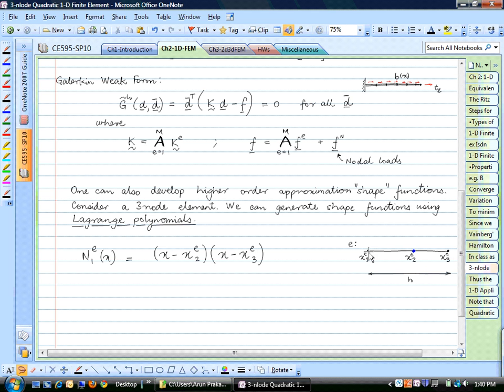But how do we make sure that it goes to 1 at this point? Any idea? Okay, yeah. So if we divide this by (xe1 minus xe2) and (xe1 minus xe3). So now if you plug in the value of x as this node, this will go here and this will go here.